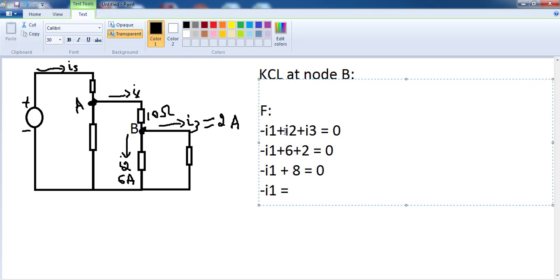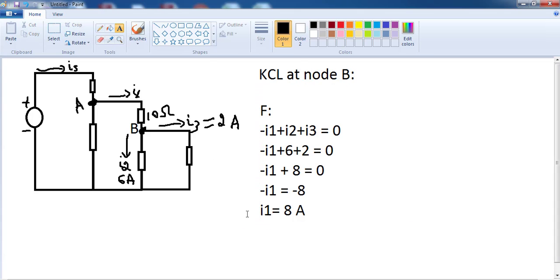Negative I1 equals negative 8, so I1 is equal to 8. The unit of current is amp, so it's 8 amp. So I1 has a value of 8 amp. We found it through this simple formula.